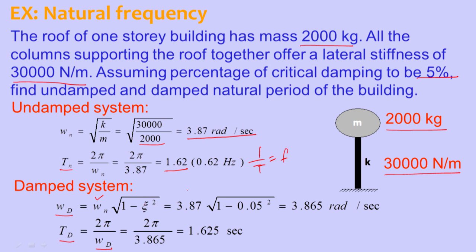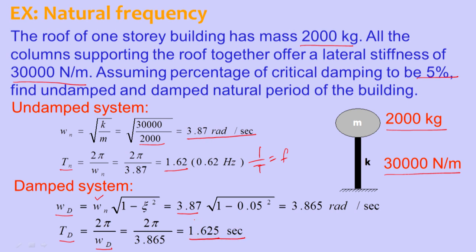So omega n is already calculated, 3.87, under root 1 minus, 5% damping gives 5 by 100, that is 0.05, square. That gives us 3.865 radians per second. If we substitute that omega d in this equation, we get 1.625 seconds.